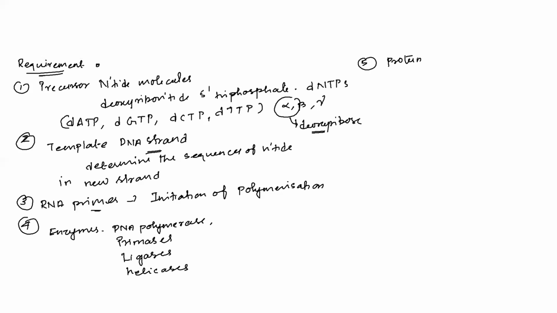There are certain proteins which are involved, and basically they will help in identifying the origin of replication. Then you need proteins for recognizing the initiation point.